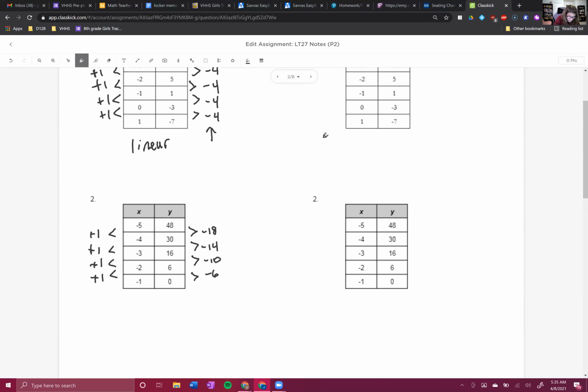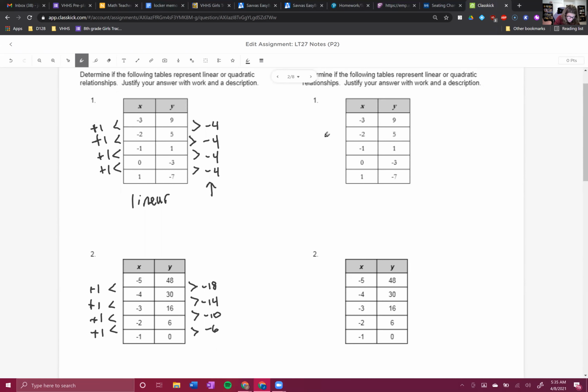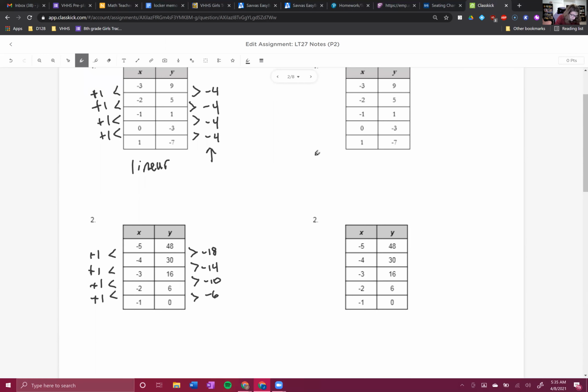And what do we know how to do? We can check to see if it's quadratic. It might be nothing. It might not have a relationship. That's always a possibility. Everything isn't just linear or quadratic. Sometimes tables are just tables and they just have random numbers in them. But if we check the second difference, -18 to -14, that's +4. -14 to -10, that's also +4. -10 to -6, that's +4.